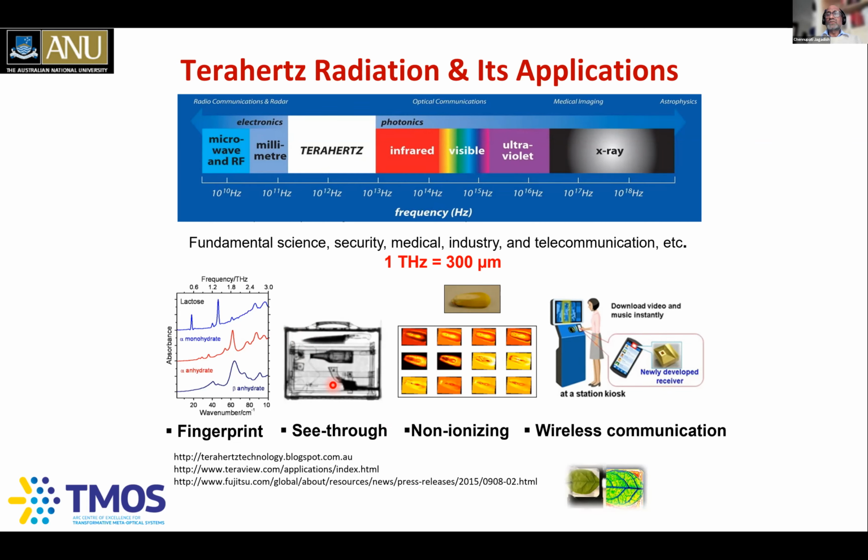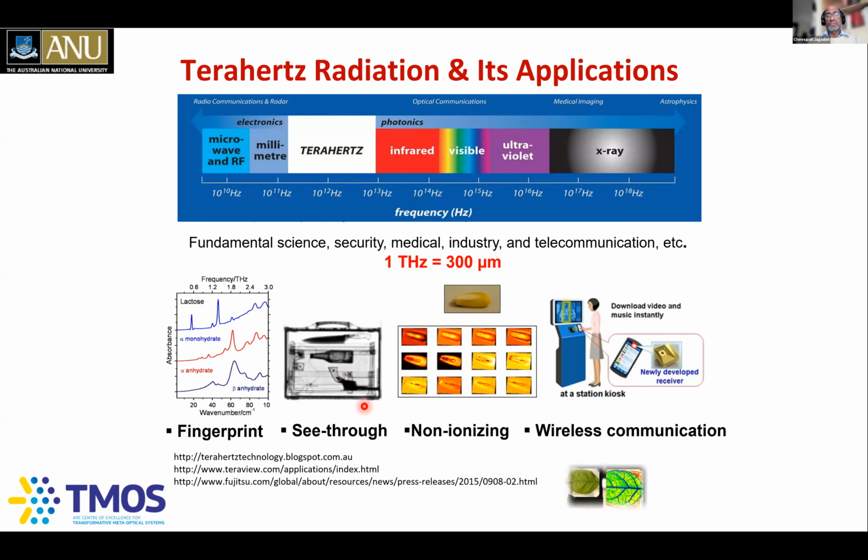So nowadays, if you go to the airport, they don't use X-rays, because X-rays are ionizing radiation. They can damage your DNA. But terahertz radiation is non-ionizing because it has low photon energy. 1 terahertz is about 300 microns in wavelength. So in airports, in the cube-like structure you go through, terahertz detection is used to detect any metal objects.